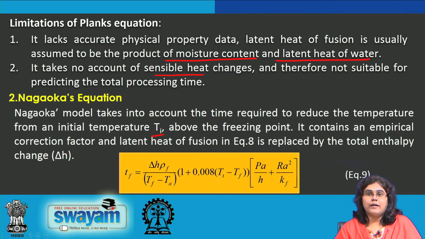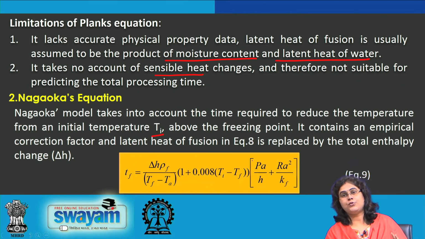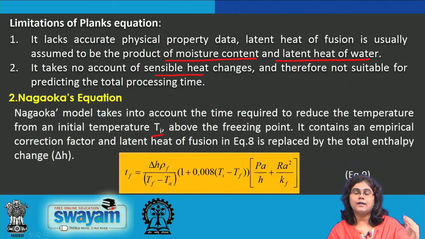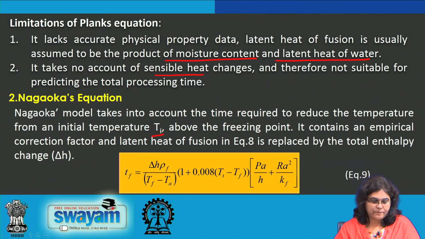This is the first aspect, because for sensible heat change we need to consider the initial temperature of the food product down to the freezing point temperature, and that part has been taken care of by Nagaoka's model.